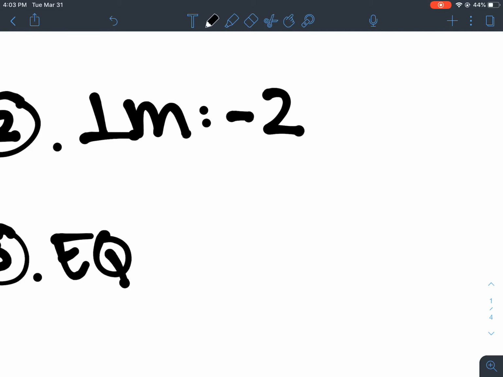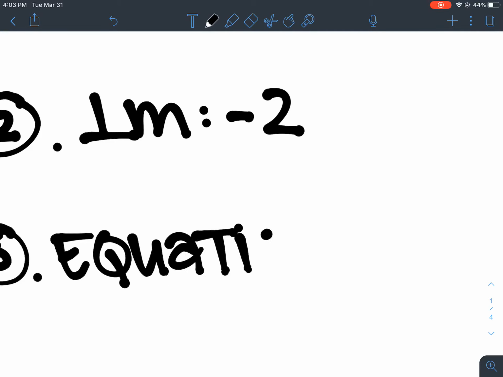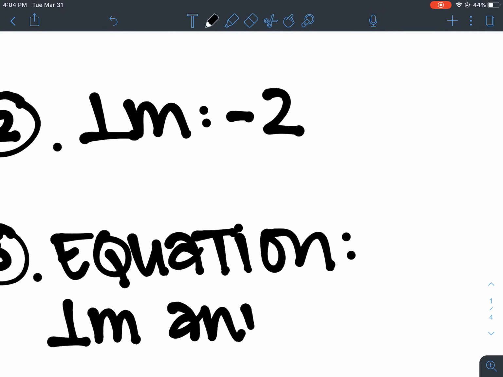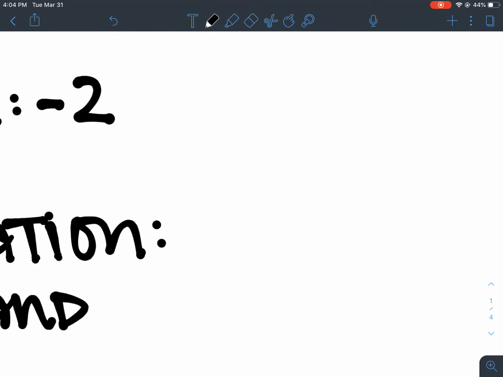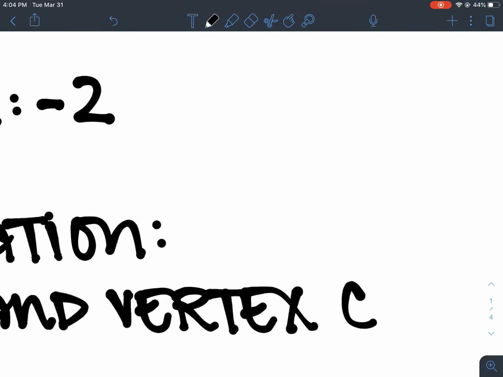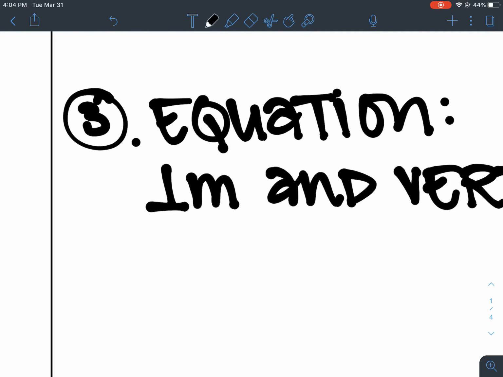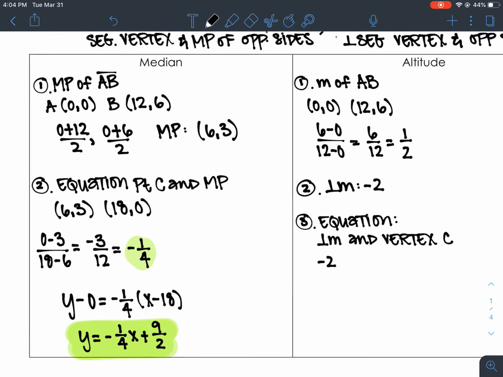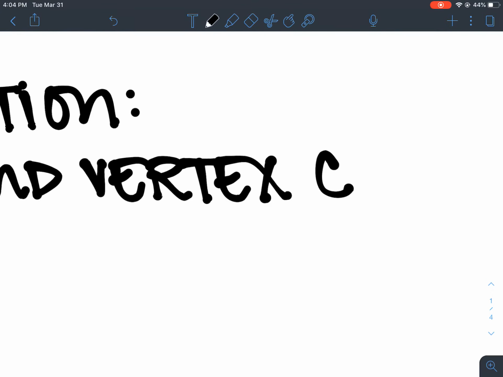We're going to use our perpendicular slope and the point it has to pass through, which is vertex C. My perpendicular slope is -2, and my vertex C is 18, 0.